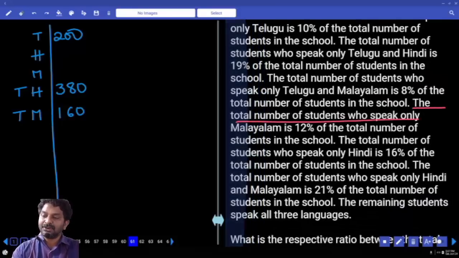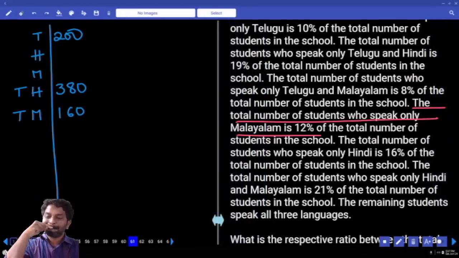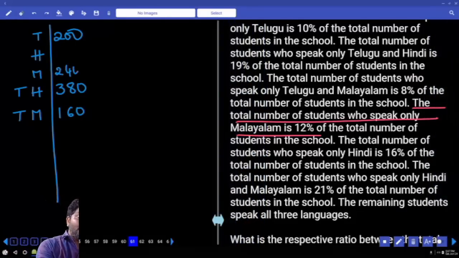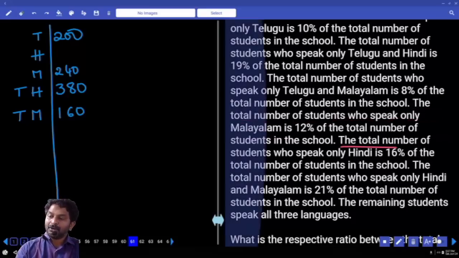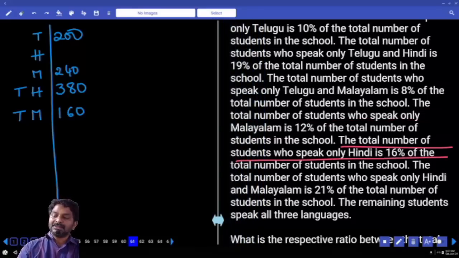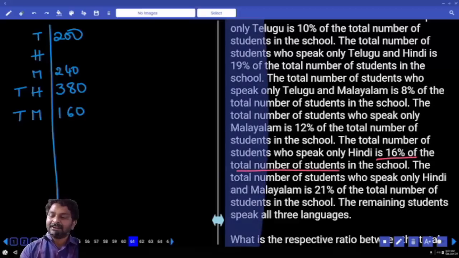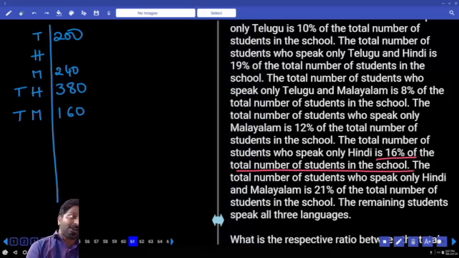Next. The total number of students who speak only Malayalam, 12%. Malayalam, 12 times 20, 240. Total number of students who speak only Hindi, 16%. Every time I am verifying one more thing also. After reading the percentage, is it calculated on the total number of students or not? That's what I am verifying.